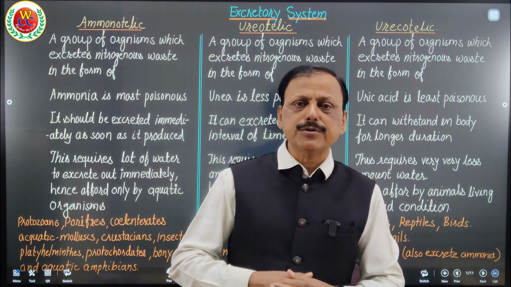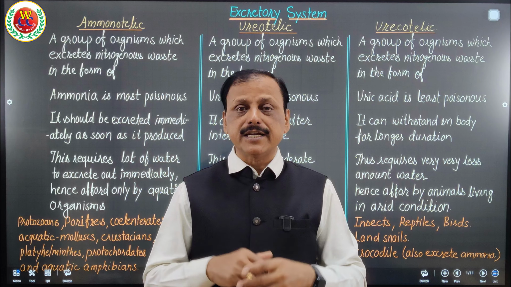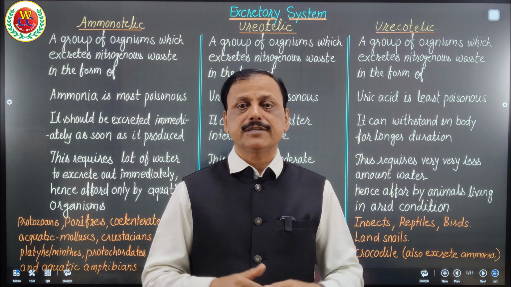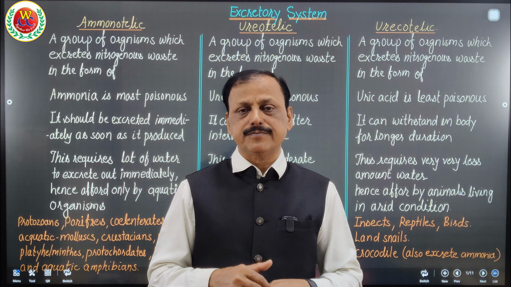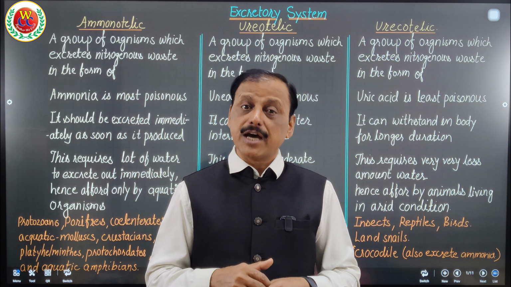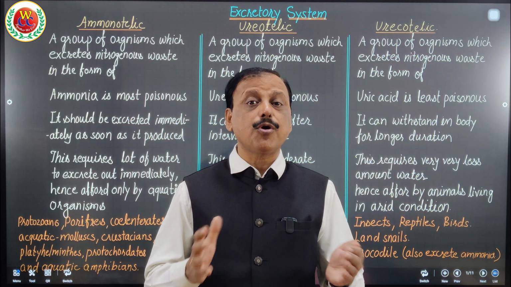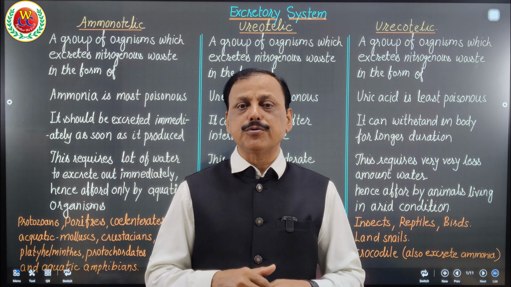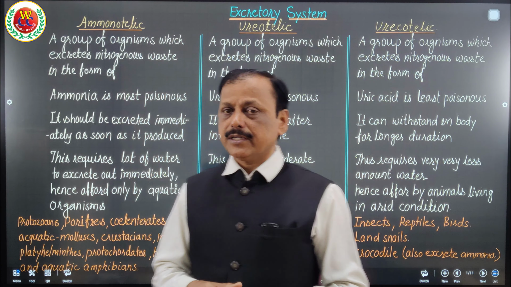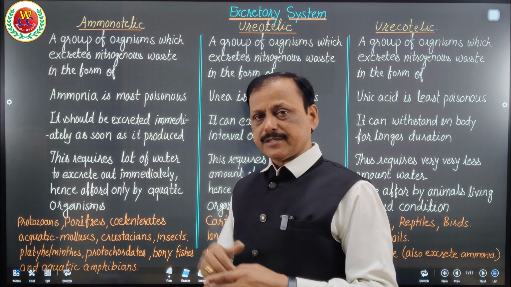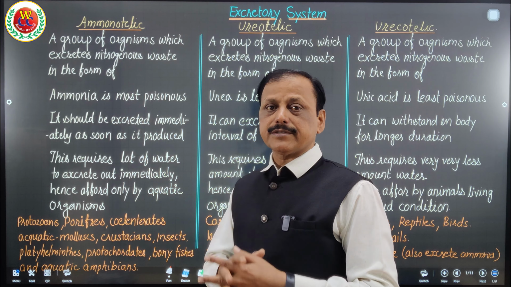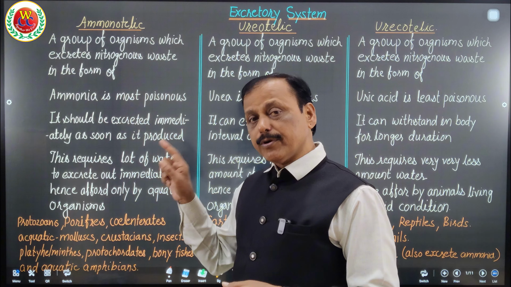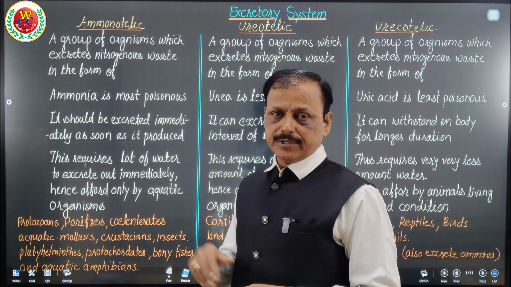Now, what is important to understand is why these three different modes of excretion evolved in different organisms: because of their habitat, they are adapted to different situations and different levels of availability of water.